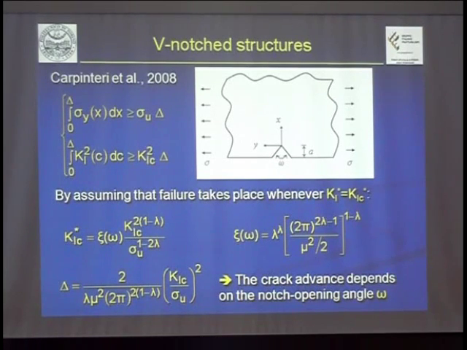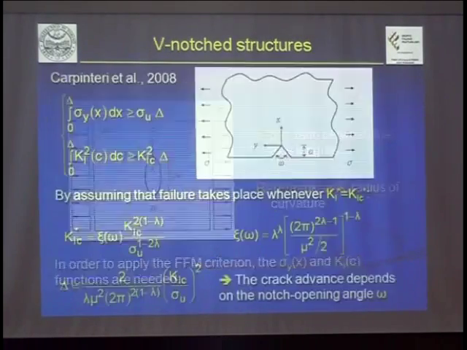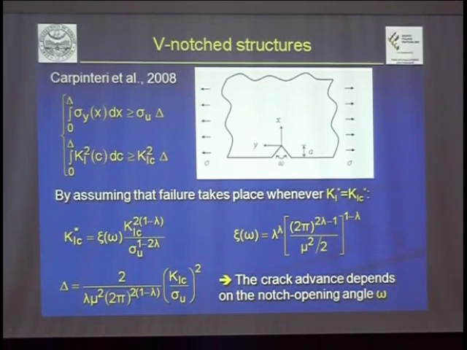So we can see that both these functions depend on the material properties K1C and sigma u, and on the notch opening angle through this function lambda, which is the solution of the classical eigenvalue problem derived by Williams in 1952, and mu. So now the crack advance depends also on the notch opening angle and becomes a structural parameter.